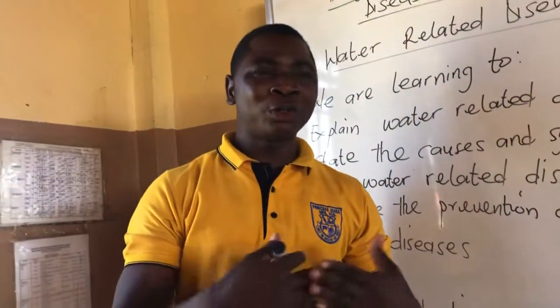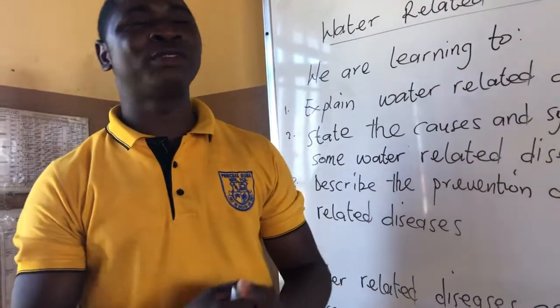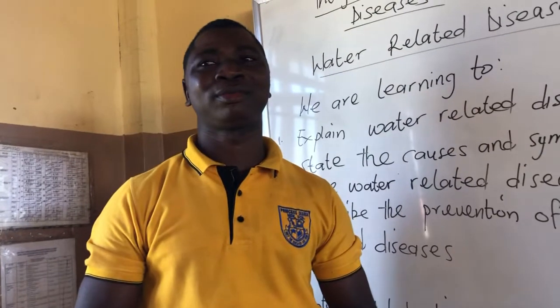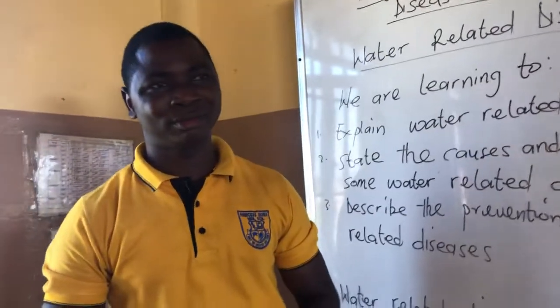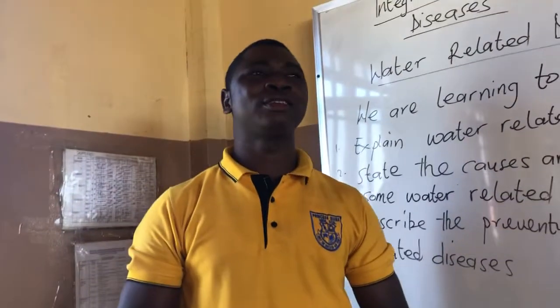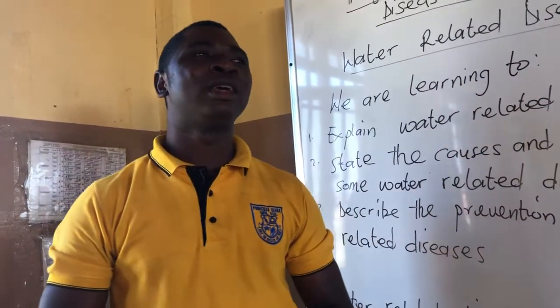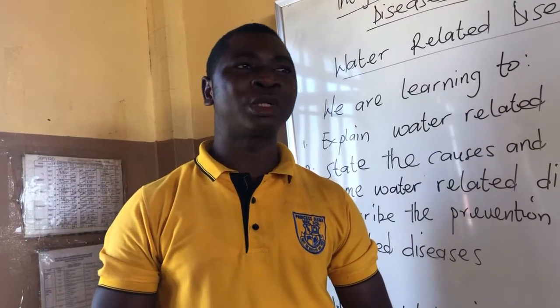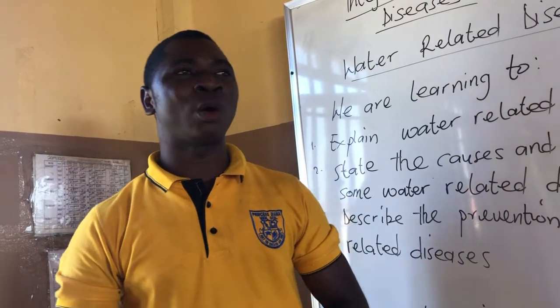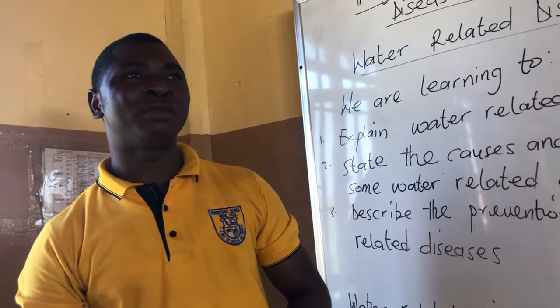Water, we all know that water is a precious gift of nature. Without drinking water for a day, you can't survive. But it happens that we contaminate water, and then we can't use the water for our safety.